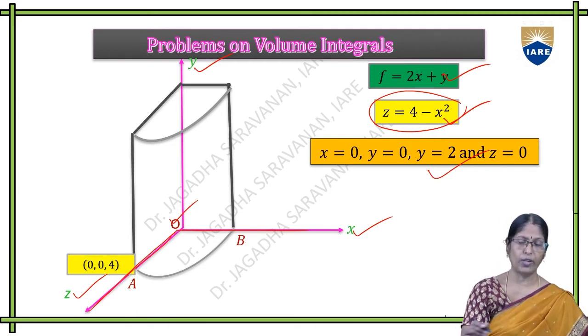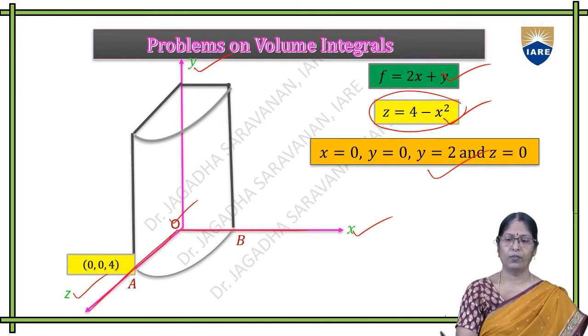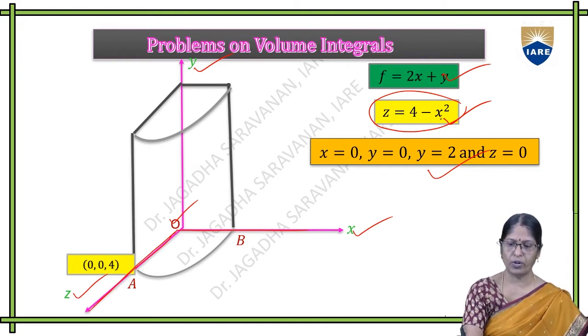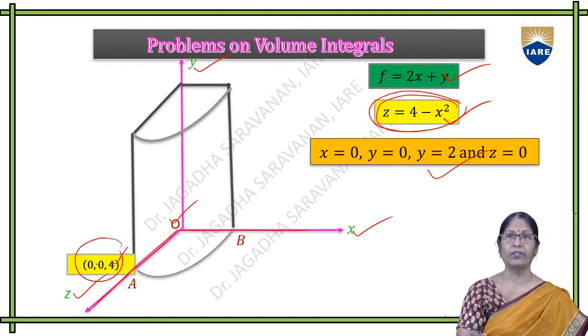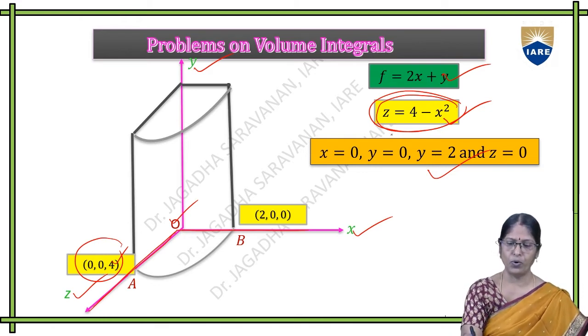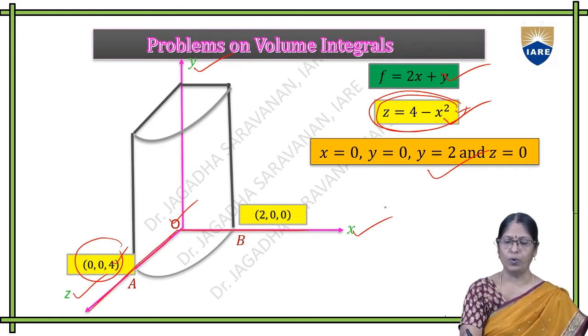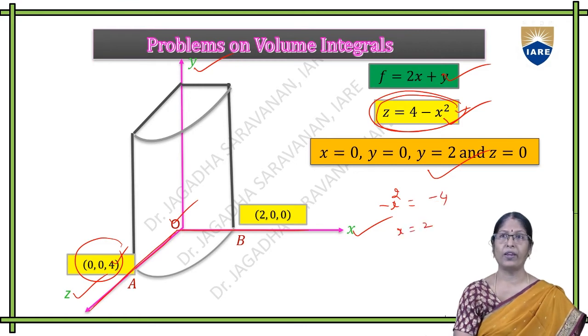Now the point in 3 dimensions: here x equal to 0, from here we substitute, z equal to 4. So the coordinate is 0, 0, 4. The next one: if you substitute z equal to 0, minus x square equal to minus 4. So x equals 2, minus minus cancelled.